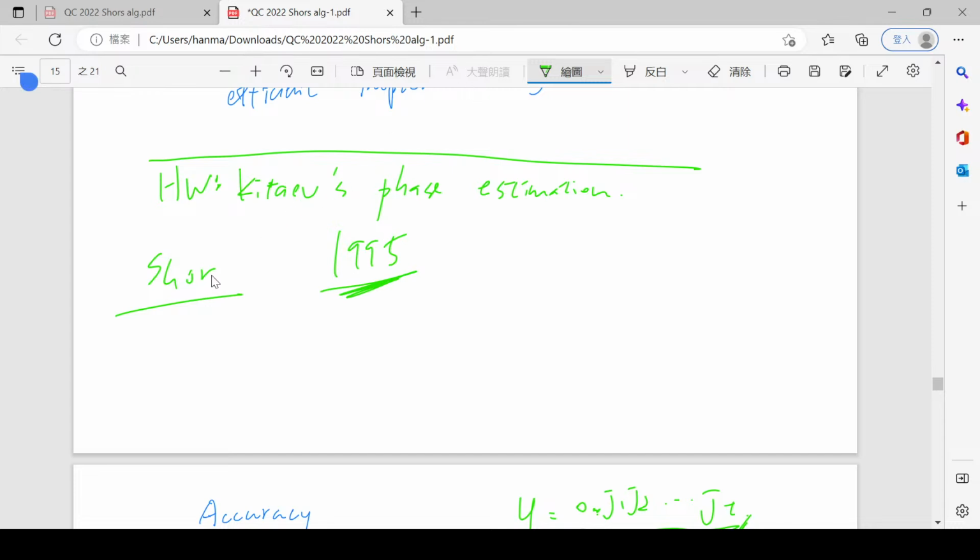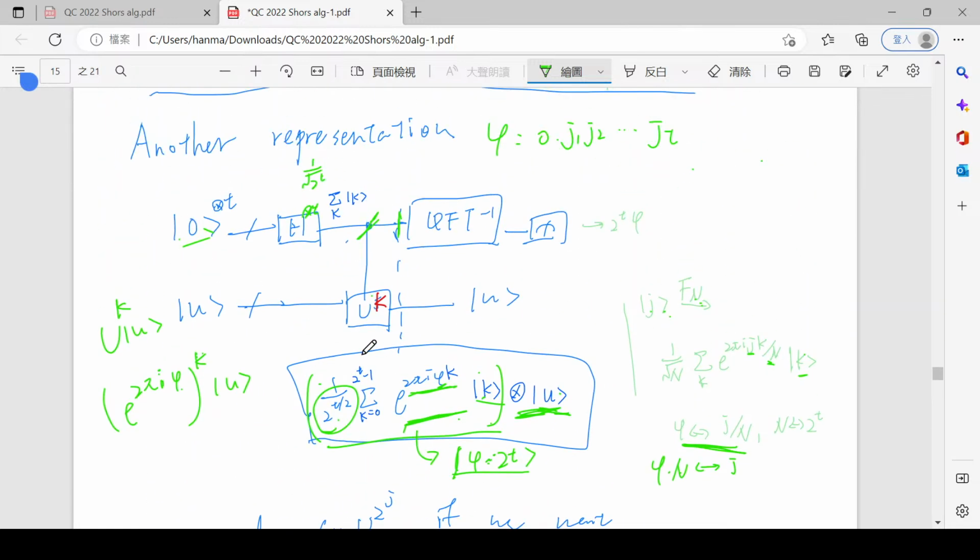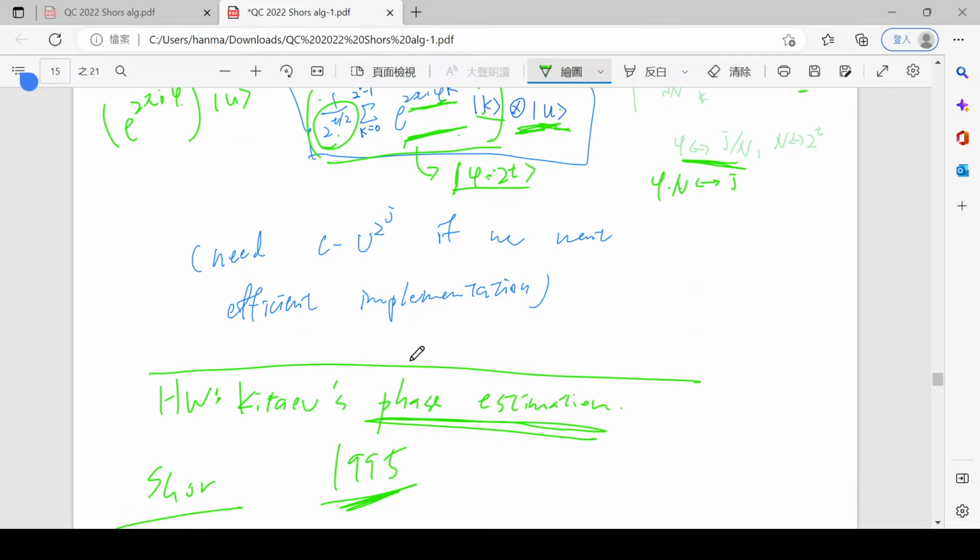So Kitaev invented a quantum algorithm for factoring, but Kitaev could not get a copy of Shor's paper. So he wrote up his own quantum factoring algorithm, and Kitaev realized that if you want to do a quantum factoring algorithm, then you need to do phase estimation. So phase estimation was actually invented by Kitaev without knowing how to do the quantum Fourier transform.